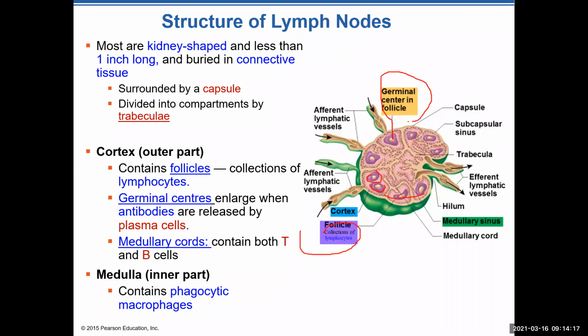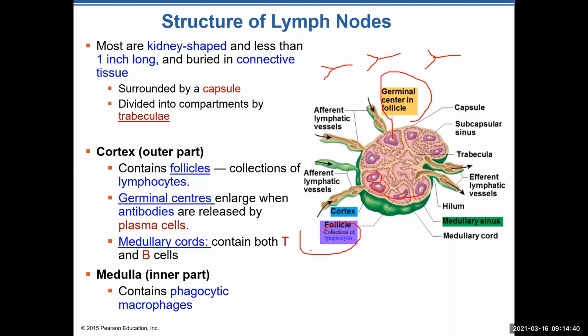We call it a germinal center. What is a germinal center? It has a lot of antibodies which are released by the plasma cells. It's rich in antibodies which are ready to fight the bacteria, viruses, or antigens.